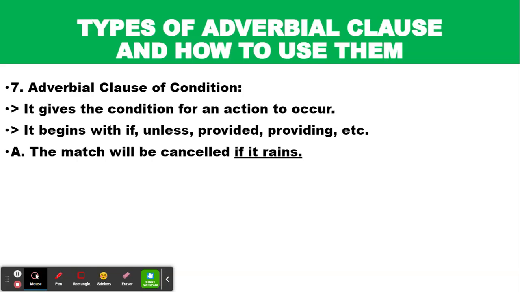So you will see this type of clause is called an if clause, and it features in conditional sentences. It is also called a conditional clause. And no wonder it is called an adverbial clause of condition, because it indicates the condition for an action to occur.